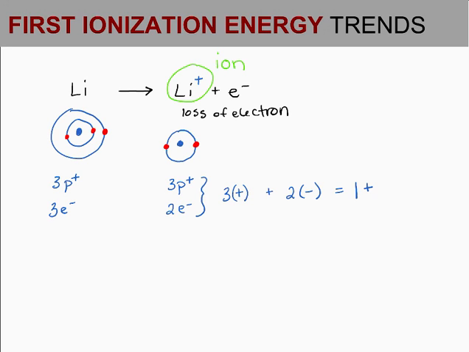Now, metals like lithium typically lose electrons, and then nonmetals can gain electrons. So you can also have negatively charged ions, but we'll talk about that later on. For now, just focus on this first ionization energy.